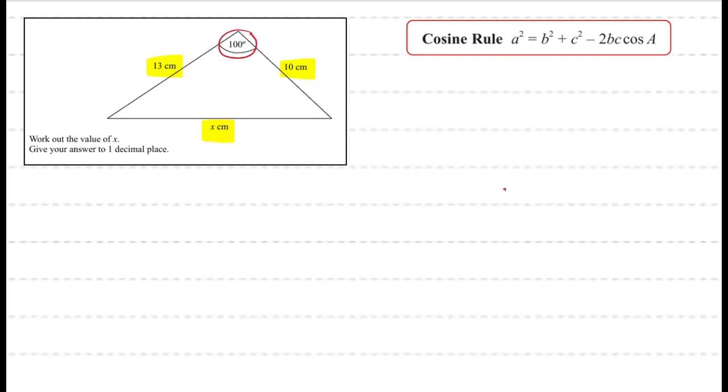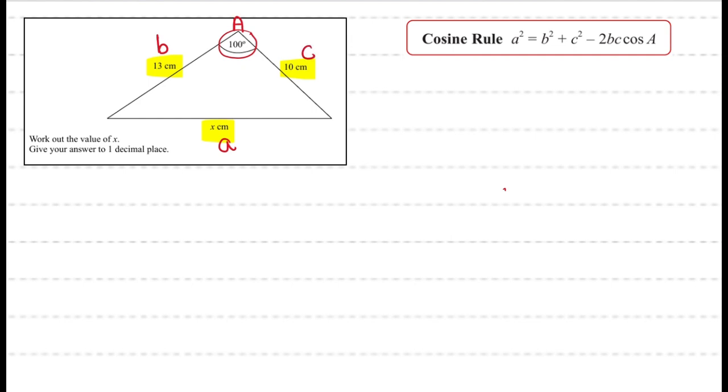In order to use the cosine rule, we must first identify which side represents which letter in the formula. We know that the angle that we use in the question is angle A. So we write A for the angle. And the side opposite to angle A is lowercase a. Then the other two sides in any order are b and c.